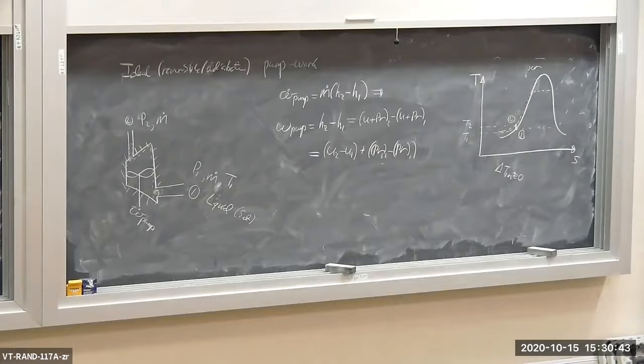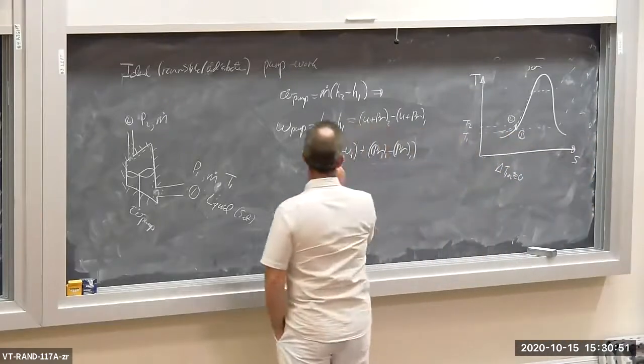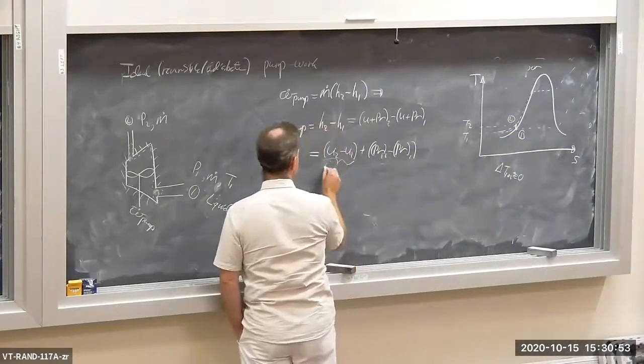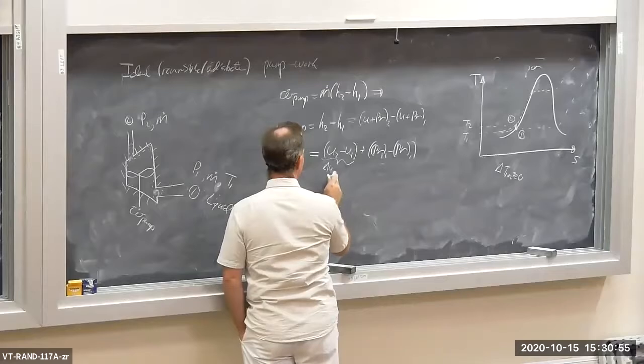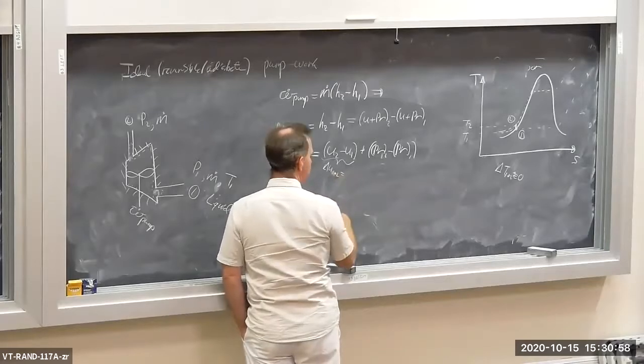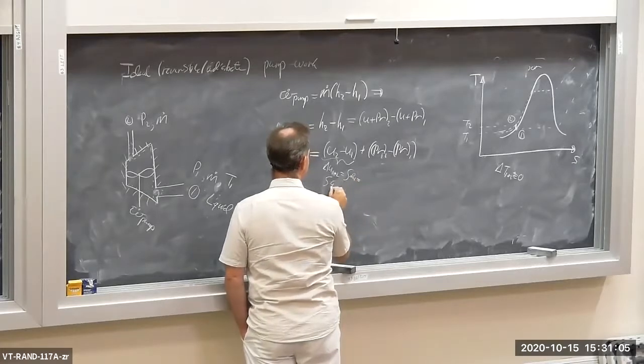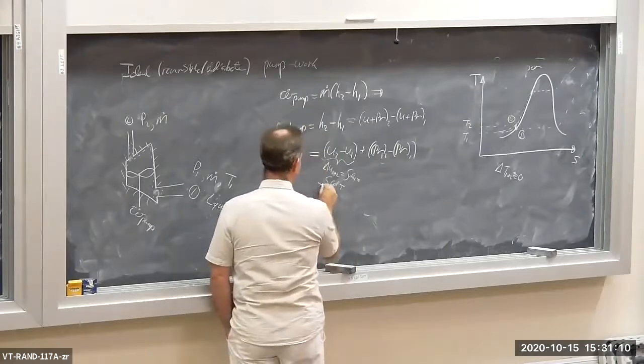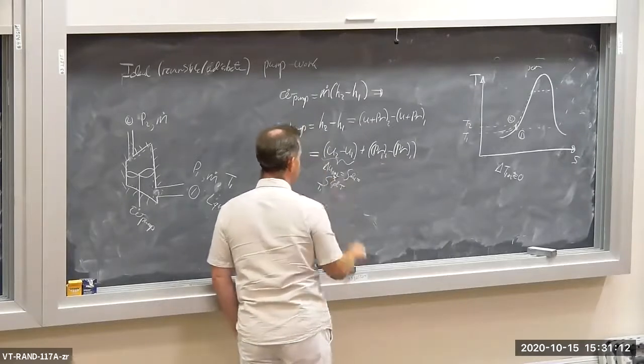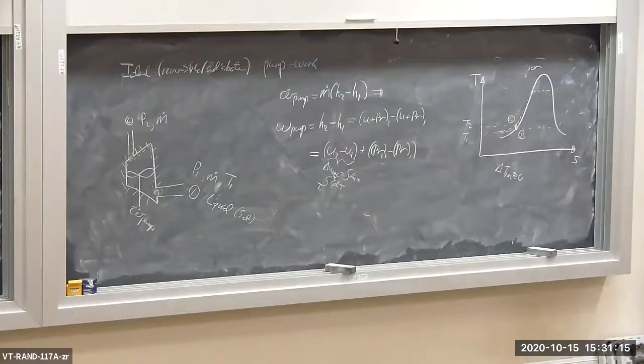Now, for a liquid, delta U from 1 to 2 is equal to the integral of du, which is equal to the integral of specific heat dT from T1 to T2. Using a property relationship, du is equal to specific heat dT.